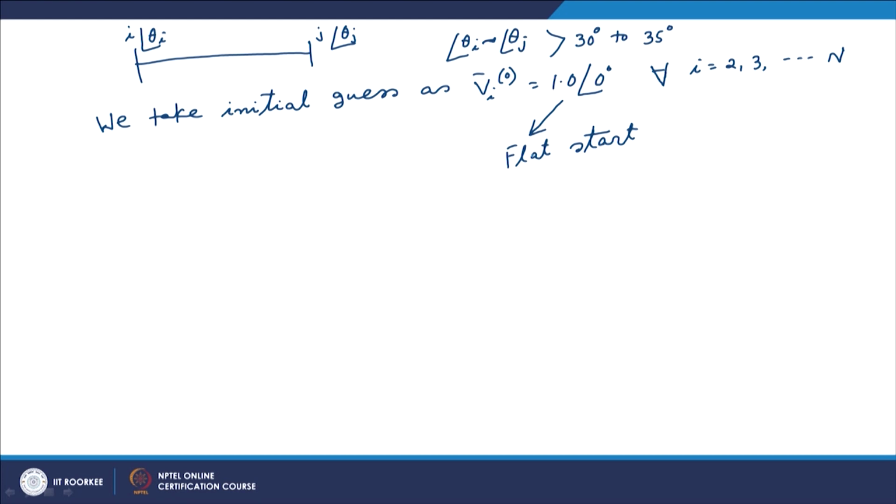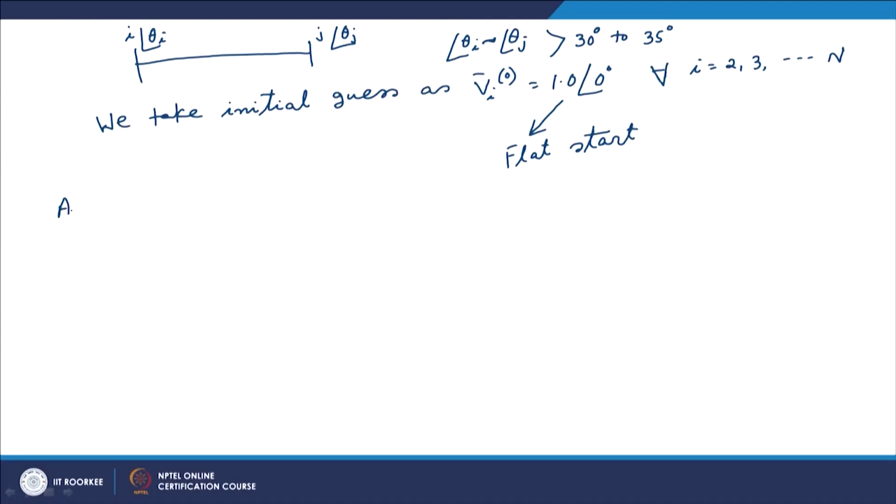That means we are taking the bus voltage magnitude as well as the angle initial assumptions to be the same at all the buses: the magnitude is 1.0 per unit and the angle is 0 degree for all the buses. So with this, we can now start writing our algorithm.